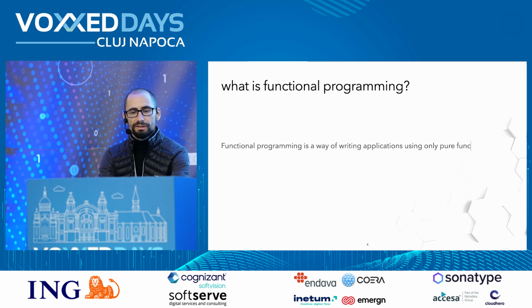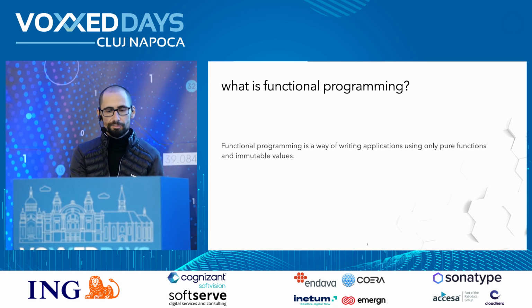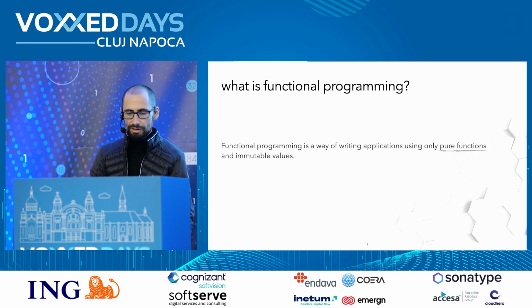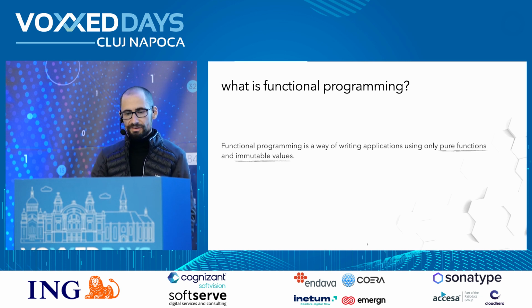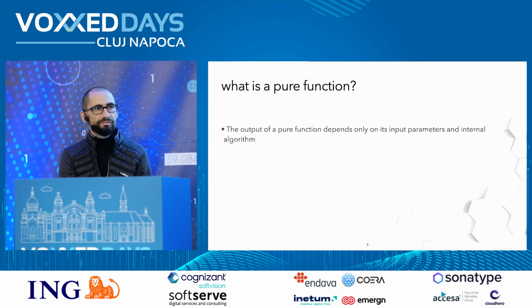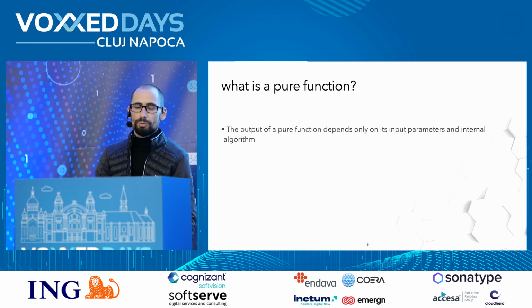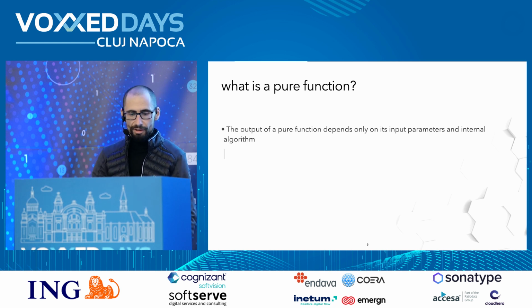Functional programming is based on a very simple idea, the idea that you can write applications by using only pure functions and immutable values. Pure functions are important because they have some characteristics that are very helpful in our day-to-day job. One of them is that the output of a pure function depends only on its input parameters and whatever internal algorithm it might have.